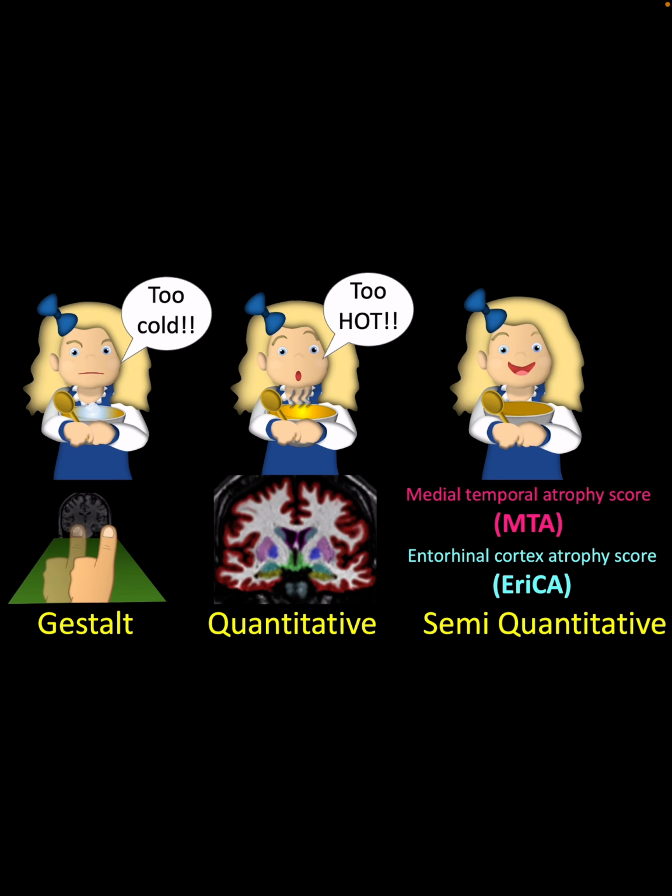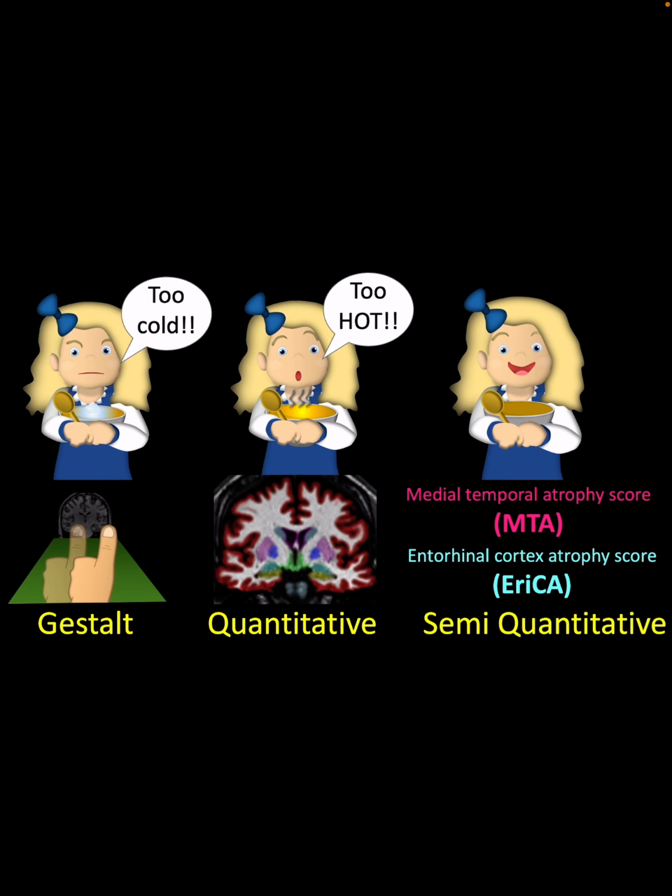But at the same time, gestalting isn't great either. It can be accurate, but it's not reproducible. So maybe the answer is kind of like Goldilocks, right? The automated software is way too hot. And gestalting is still thinking, nah, too cold. Maybe it's somewhere in between with a semi-quantitative method.